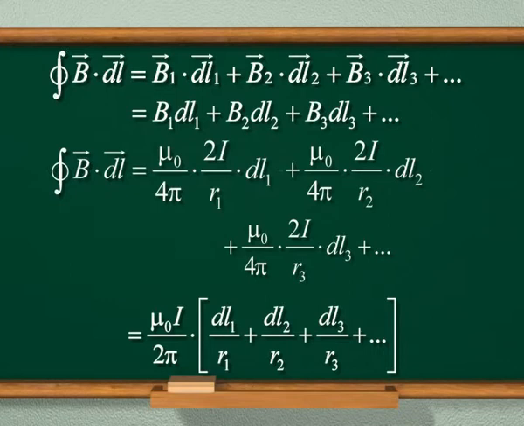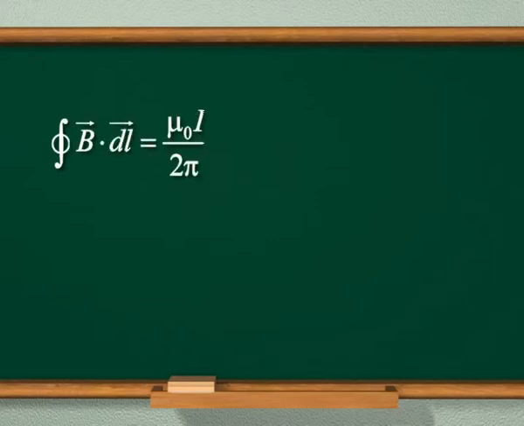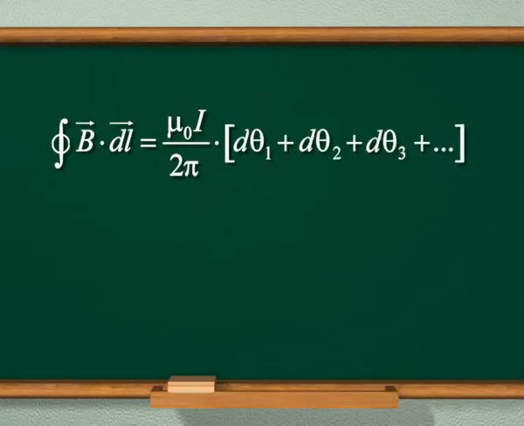On substituting the values of dl1 by r1, dl2 by r2, dl3 by r3, we get the line integral of B around the arbitrary closed path equal to mu naught I upon 2 pi into d theta 1 plus d theta 2 plus d theta 3 and so on.